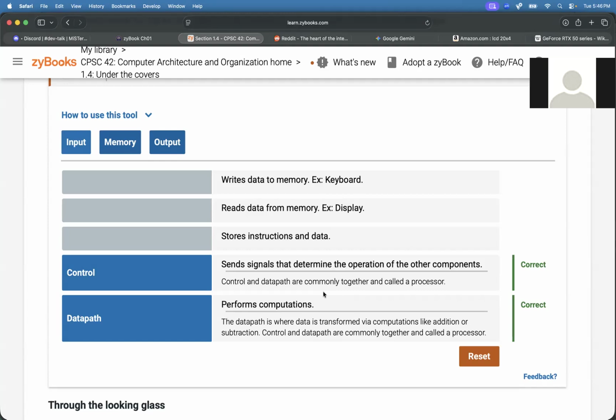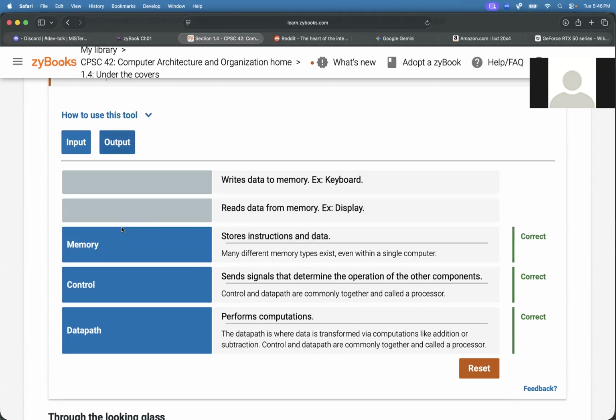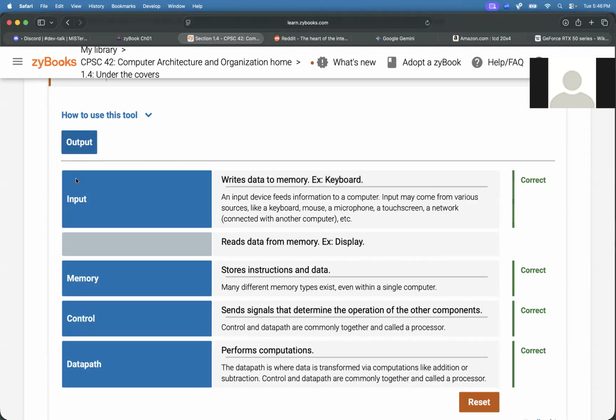I would assume that the memory stores instructions and data. And then when we're writing data to memory, I tried to put output there and it said no. So I guess an input device feeds information into the computer. Okay.